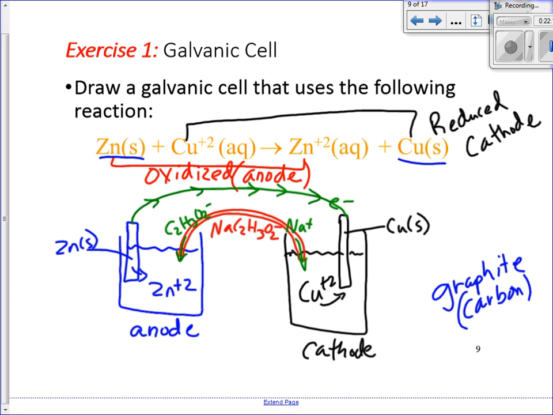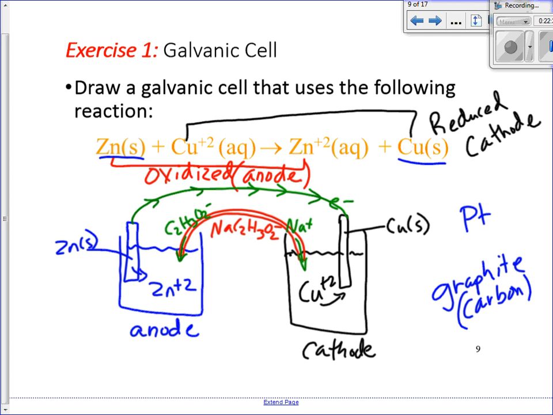The other one that you'll see a lot of is platinum. Platinum is not very reactive. It's very hard. That's why the prongs on diamond rings are always made out of platinum, because they're hard. They don't corrode, so you have less chance of your diamond breaking off from the engagement ring.